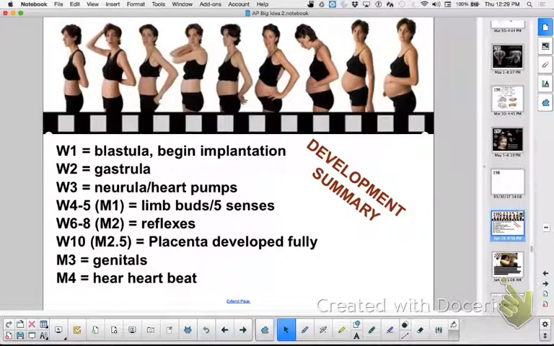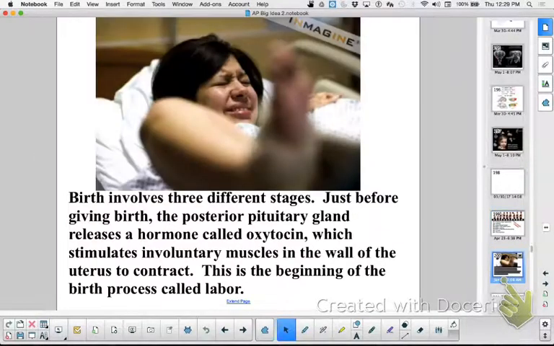All right, and development timing for birth. Okay, that's a big deal to get everything ready, because when the baby comes out, what else needs to be ready for that baby? What do you have to do to a baby when it comes out? You have to feed it. Okay, so what's an adaptation that mammals have to make sure that there's going to be food there for the baby?